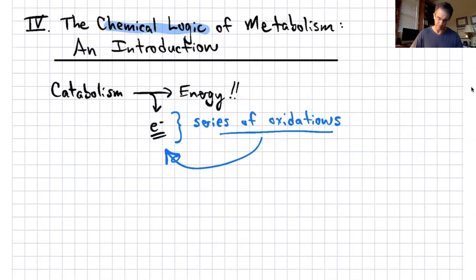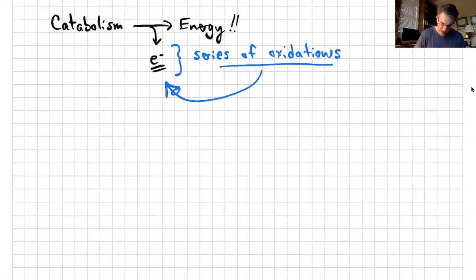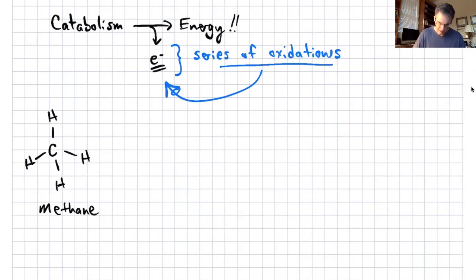So in this simple example of how this kind of thing would go, let's say we have a molecule over here that has the highest potential energy in terms of its chemical structure, a single carbon, which of course would be methane. So this is the highest energy compound.